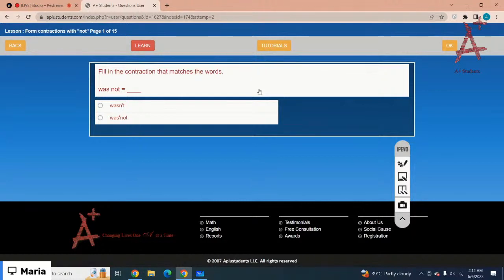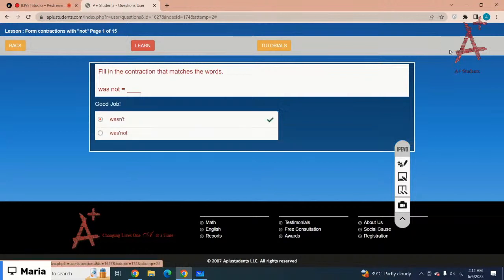Option number one is the correct option. You can put both the words was and not together, skip O, and put an apostrophe there. So it would be wasn't.